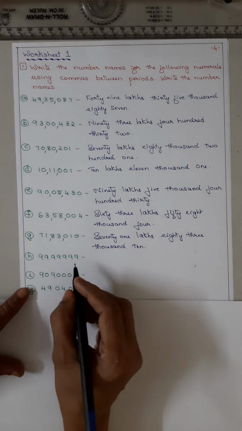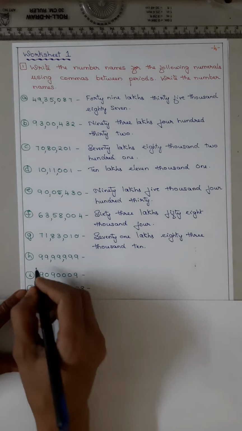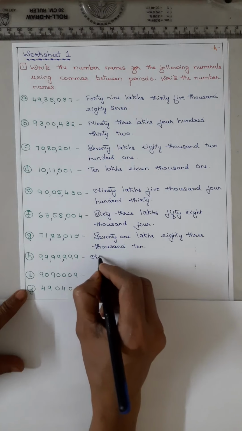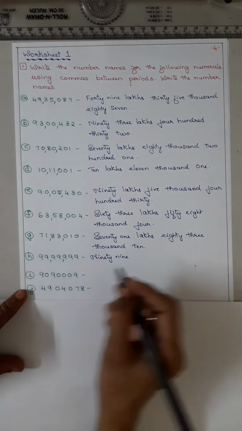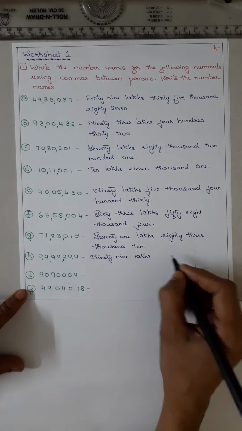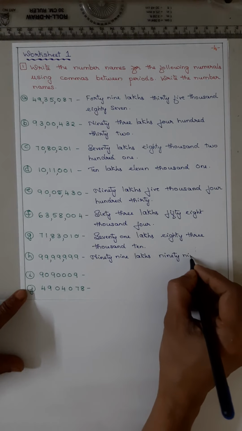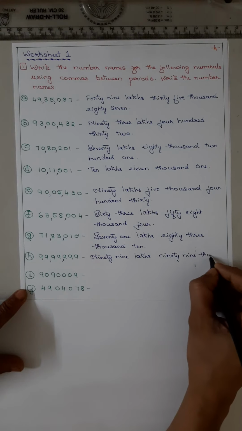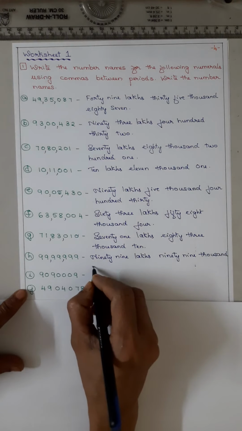Now question number H. 1, 2, 3, comma 1, 2, comma. So 99. Which period? Lakhs. Then 99,000. Then it is 999.